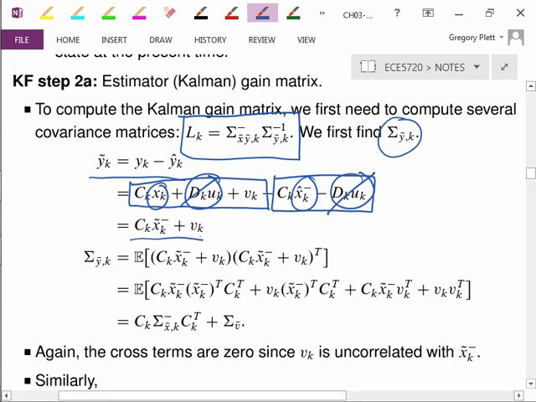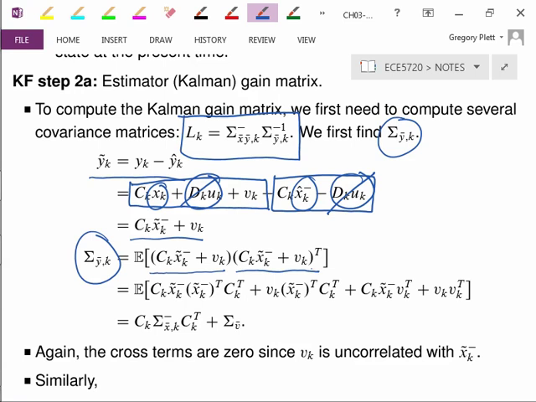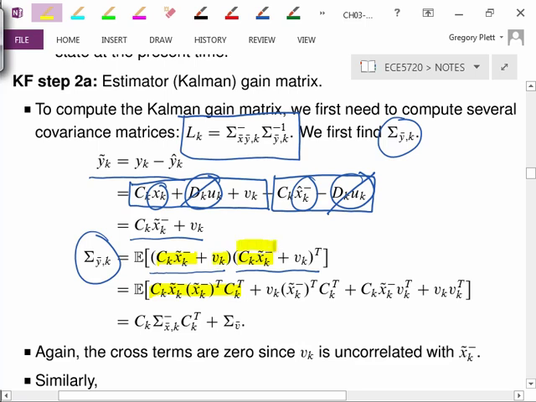We use this to compute sigma y tilde, which is the expected value of y tilde times y tilde transpose. And the mathematical steps are basically the same as what we saw for step 1b. We use FOIL first to expand this out. So Cx tilde all transposed, v times C x tilde all transposed, C x tilde times v, and v times v is there.